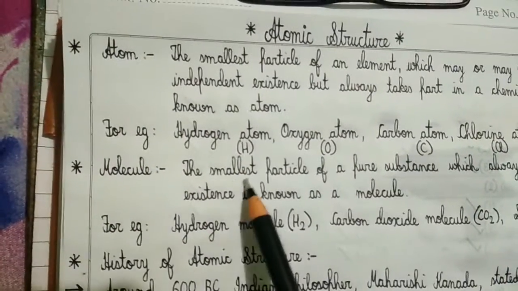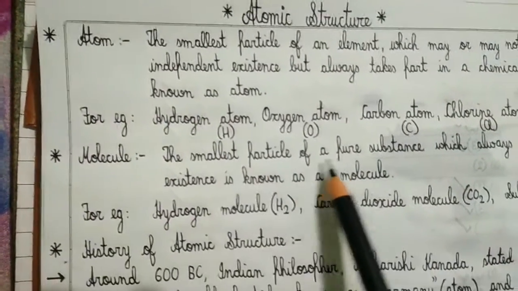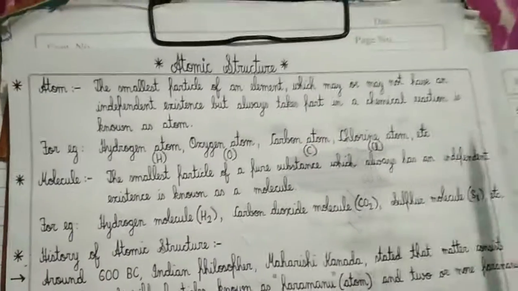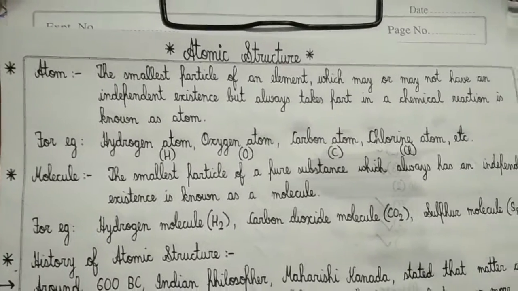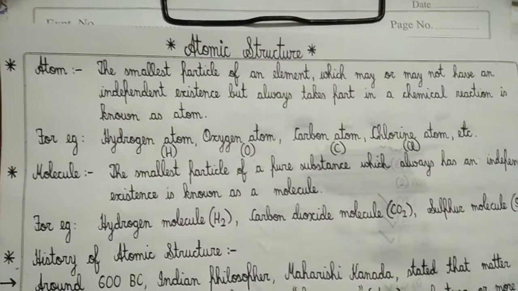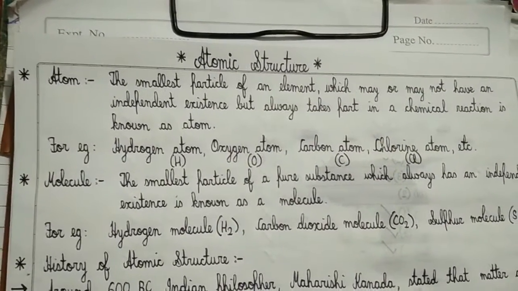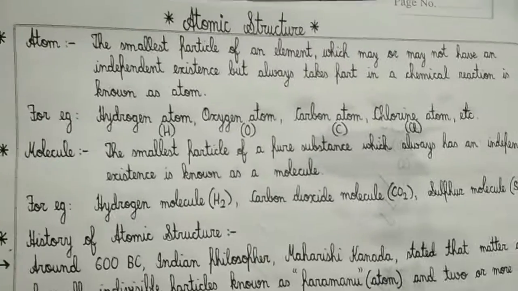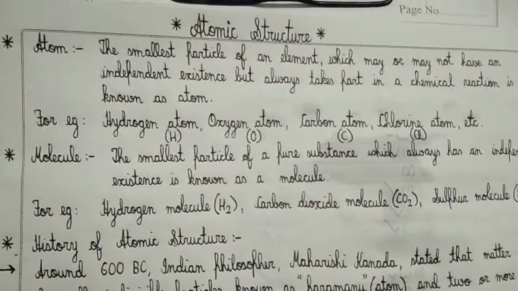Now what is a molecule? The smallest particle of a pure substance. Now what is a pure substance? A pure substance is something in which all the constituent particles are of the same kind. For example, if we take oxygen gas, all the particles, basically all the molecules, will be of oxygen.